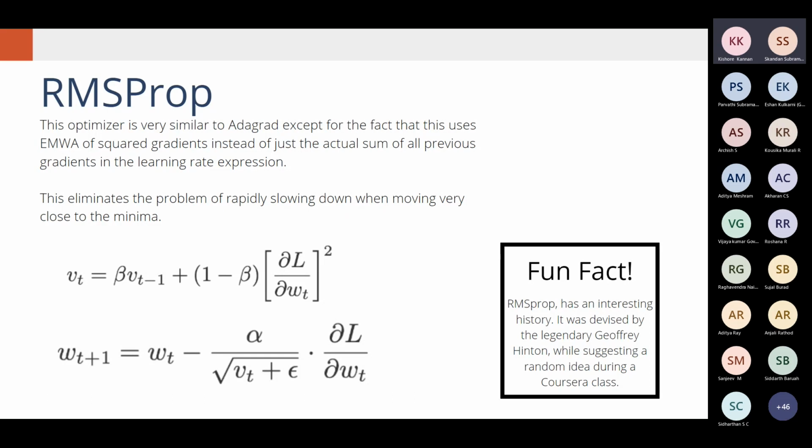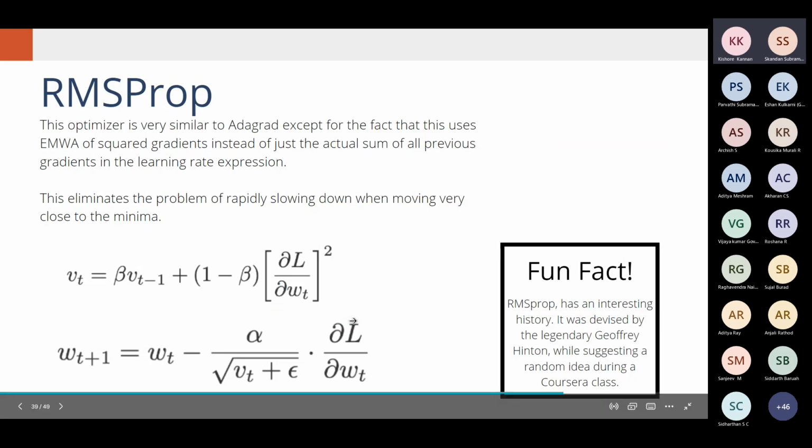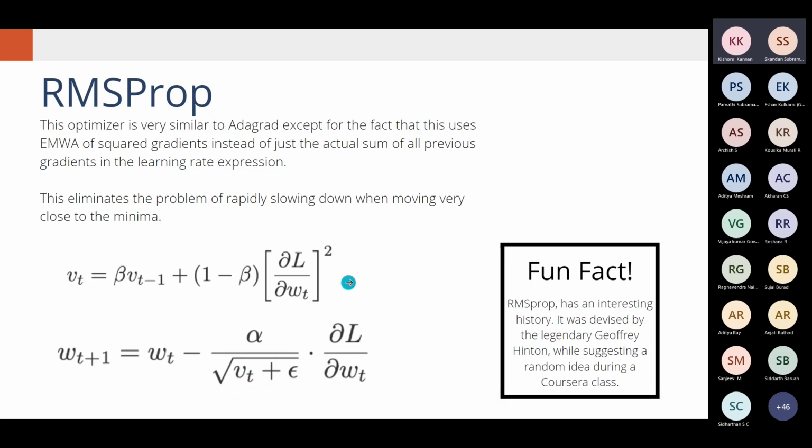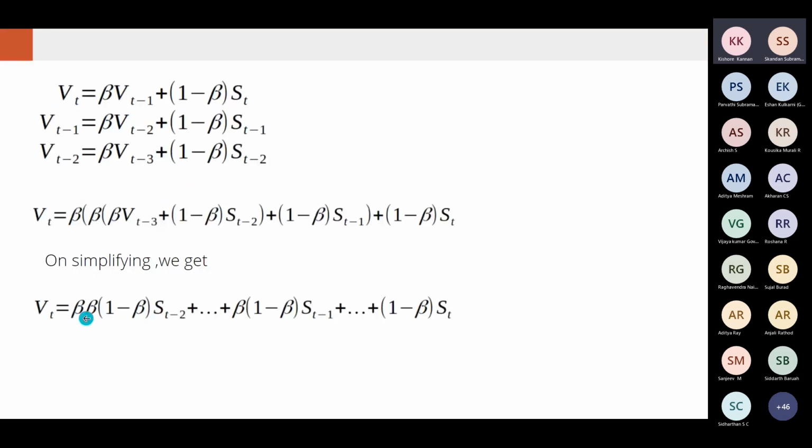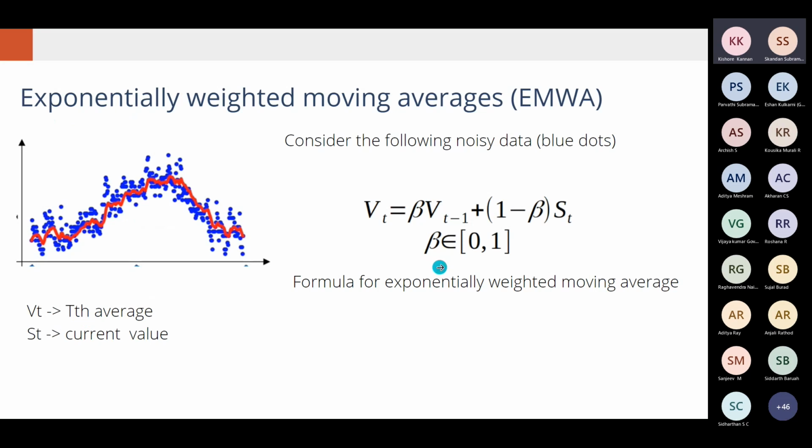And how does RMS prop solve it? Well, in RMS prop, instead of the sum of the squared gradients, we take the exponentially weighted moving average of the squared gradients. And that's the only difference. You can see clearly here, beta lies between 0 and 1.